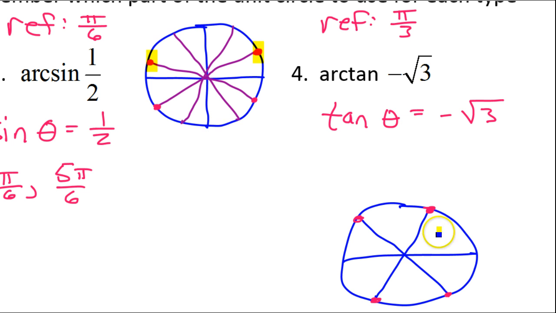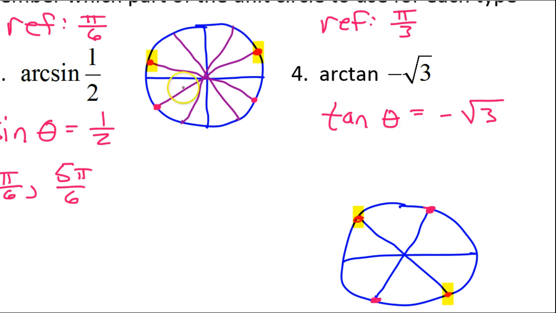Hopefully by now you have memorized that tangent is positive in the first and third quadrant, but it is negative in the second and fourth quadrant. So these are the 2 that I want, because these are the 2 that have a negative radical 3 for a tangent.